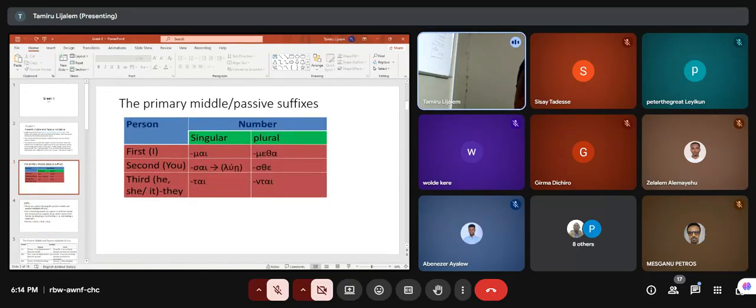Before going on, shall we pronounce this? Mai, sai, tai. Mai, sai, tai. Metha, sthe, ntai.